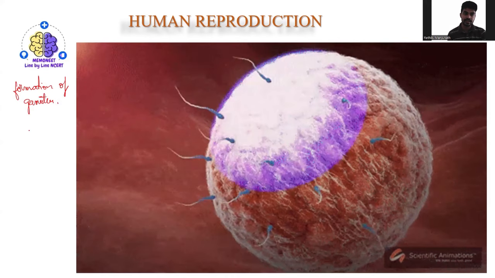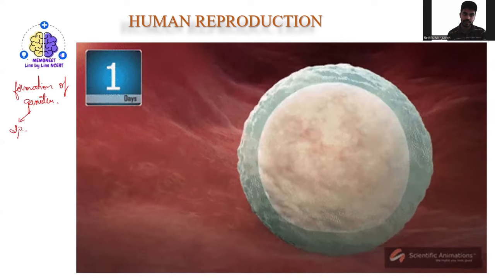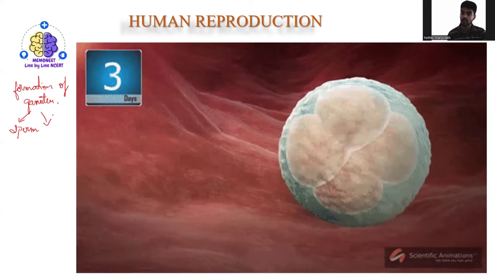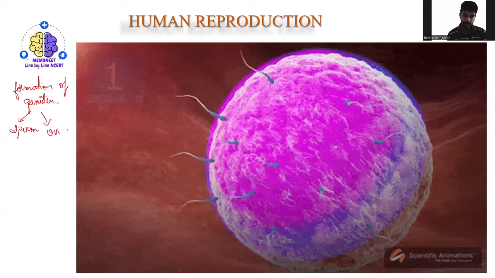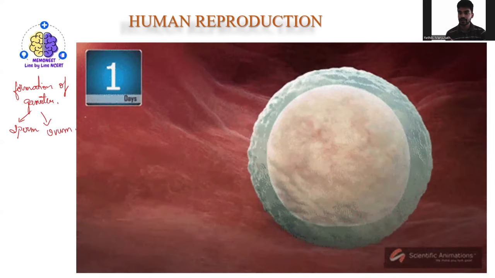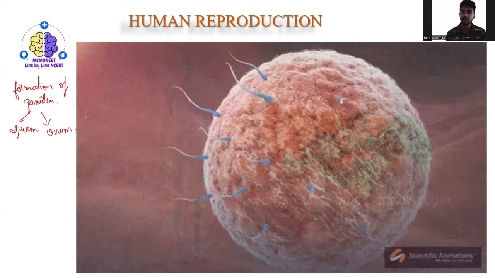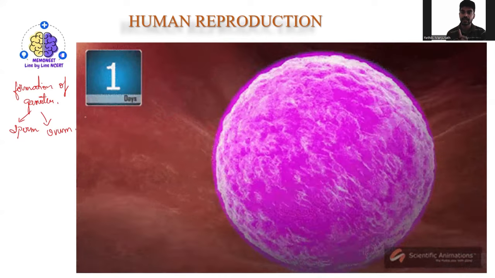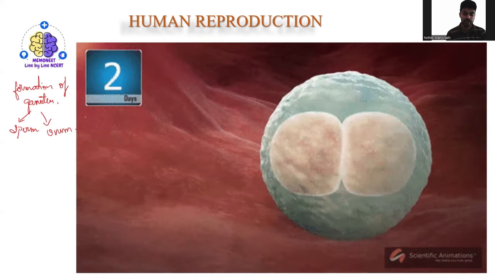In the male you will see the production of sperm, and in the female you will see the production of ovum. So you are clear that gamete formation normally happens in human beings. And we have two sexes, male and female. In the male, the gamete is the sperm, and in the female, the gamete is the ovum.